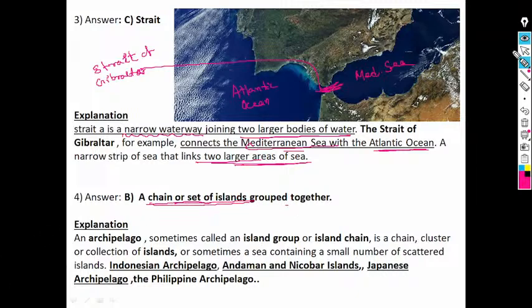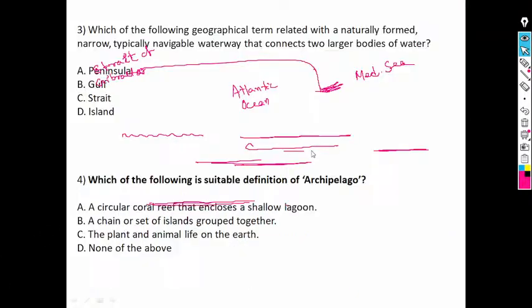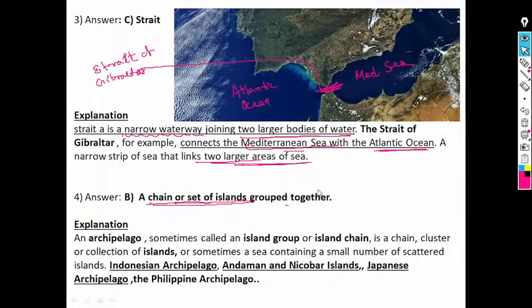Archipelago. Suitable definition of archipelago: a chain or set of islands grouped together.